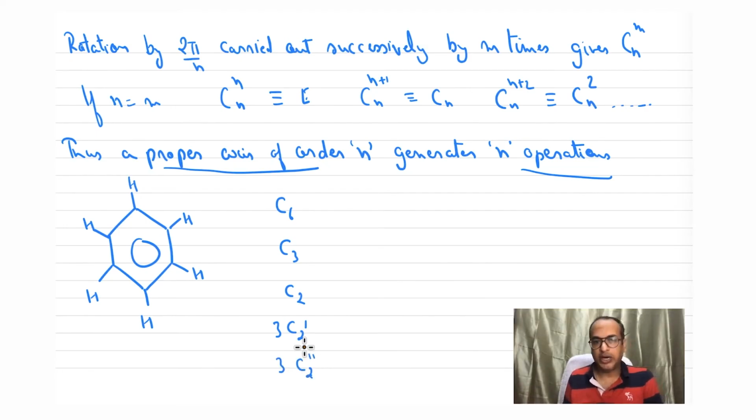Okay, so try to identify where these are, and let's also find out if there is any C4 present, if there is any C5 present in this. Okay, and then what are the corresponding operations it will generate. So for example, now this should generate 6 operations, this one should generate 3 operations, 2 operations each, right?